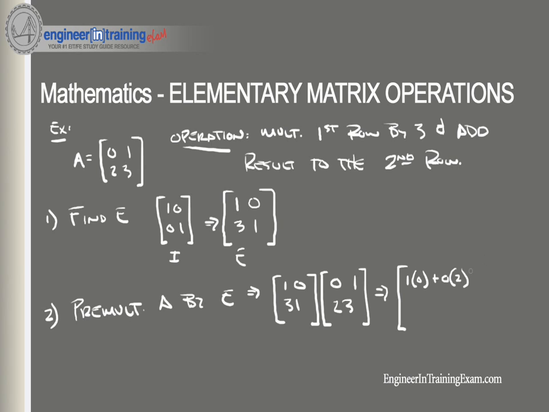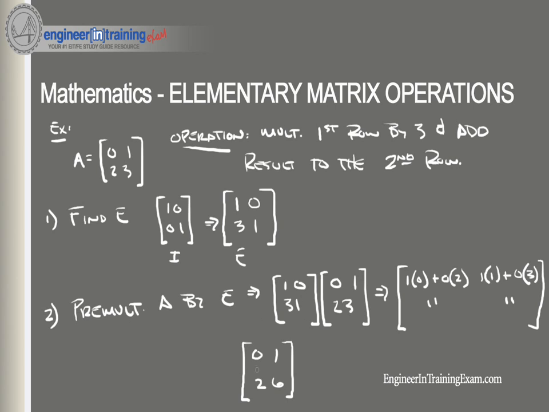I will let you carry out the final two elements in the second row, and we will find that the new matrix is 0, 1, 2, 6. So now you can see that we multiplied the first row by 3 and added that result to the second row, and you can confirm that once again just by visualizing.